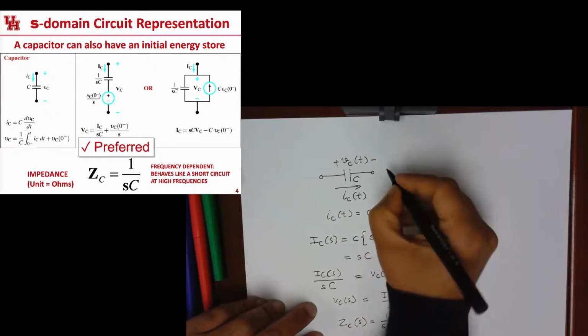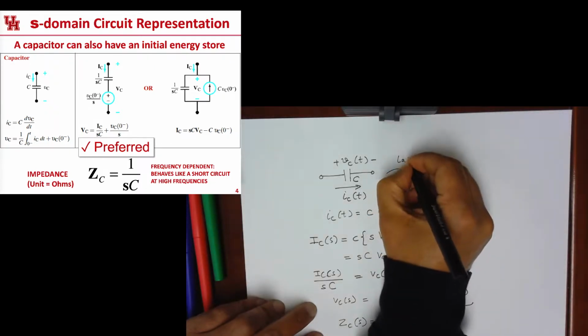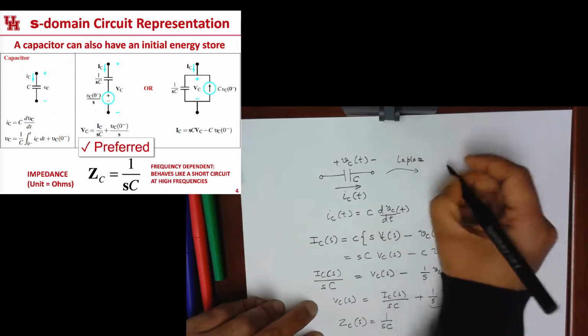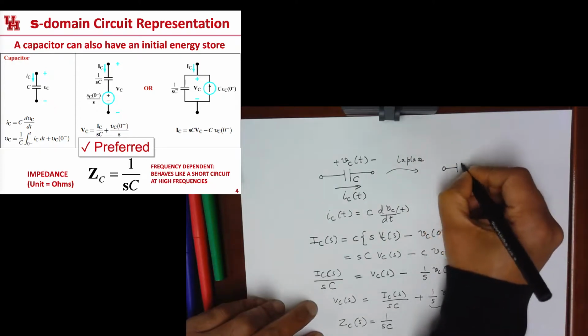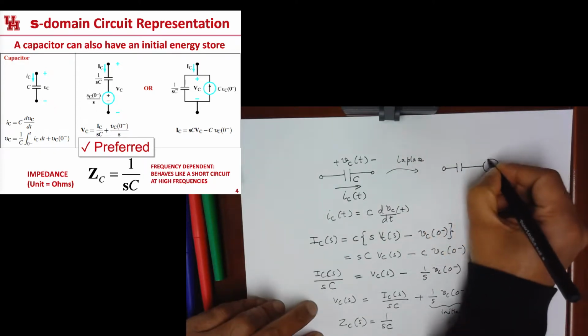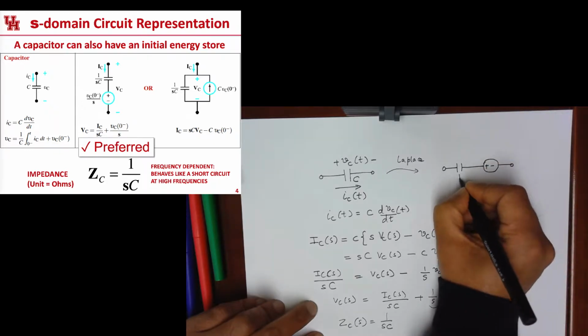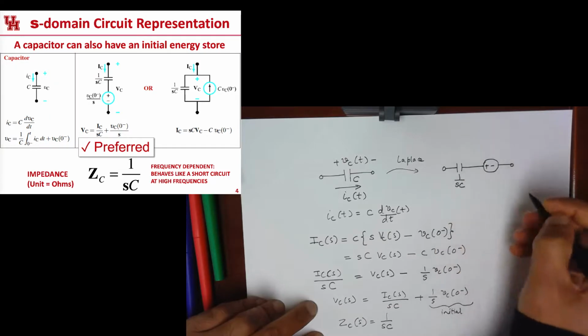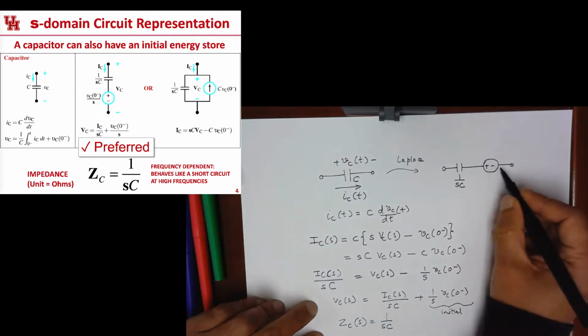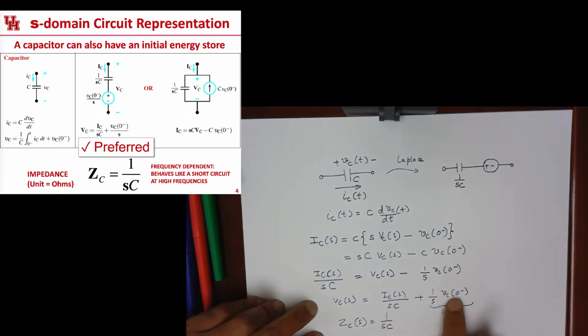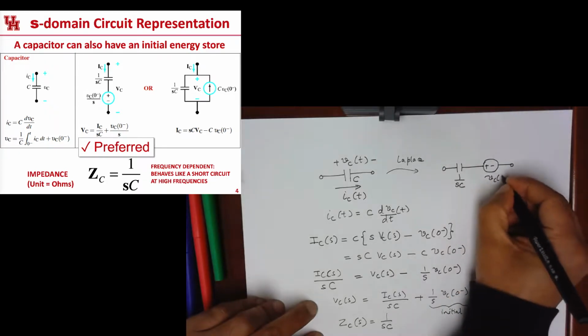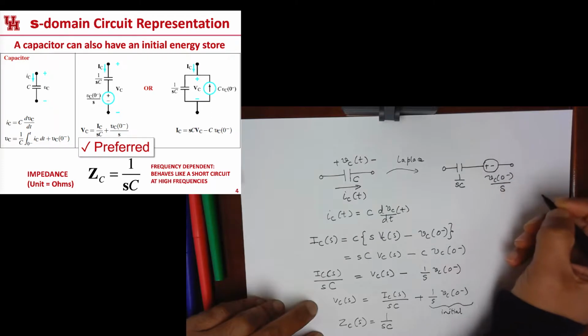So if I were to describe this in the Laplace domain, I'm going to get a circuit that looks like this. I'm going to have an impedance which is 1 over SC, and then a series voltage source describing the initial charge on the capacitor, which is V sub C of 0 minus divided by S.